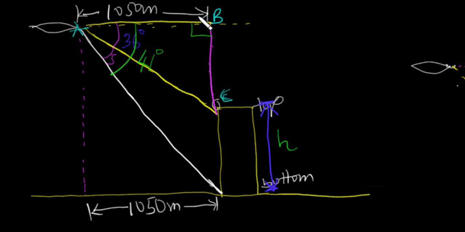So we have A, B, C, and let me put D down here. So we have the line AD, and we have AB and BC, and CD. Now what we say here is that we have to find this height, and to find this height, what angle do we know here? The small angle here is 5 degrees, but we cannot use this.